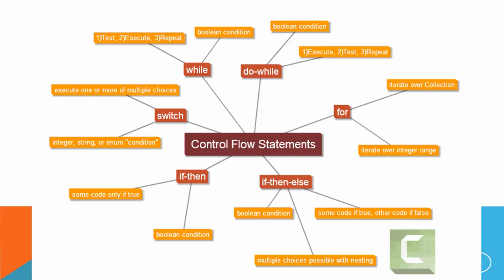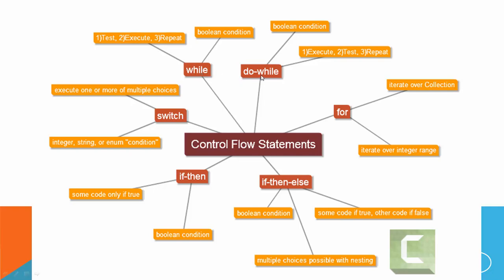So in case of while, what happens, it will first test the condition. That condition should be Boolean. Then it will execute the statements and then repeat it. That's how while works. First test, then execute, then repeat.